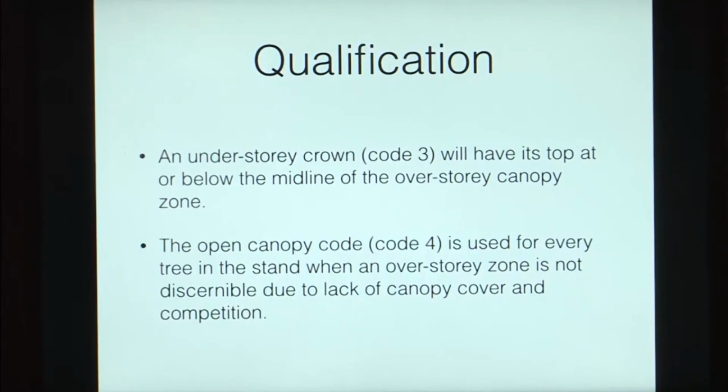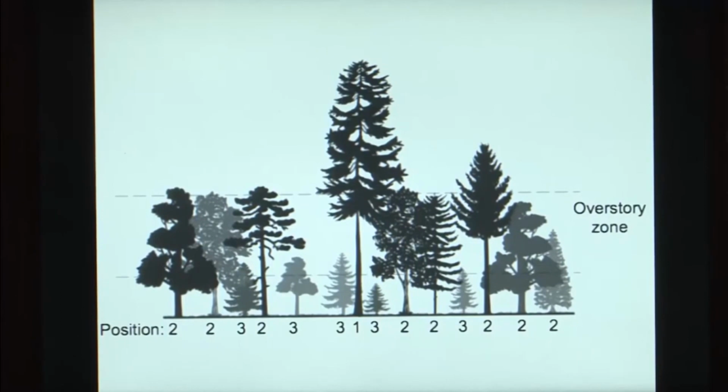The open canopy code or code 4 is used for every tree in the stand where an overstory zone is not discernible due to lack of canopy cover and competition. So, for instance, here we only have trees 1, 2 and 3.